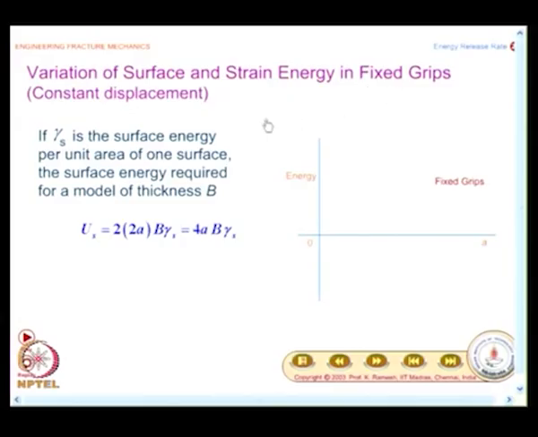Fixed grips means constant displacement, and we have gamma s as the surface energy per unit area of one surface. Then the surface energy required for a model of thickness B is 2 into 2a into B into gamma s, and this we denote as U_s.